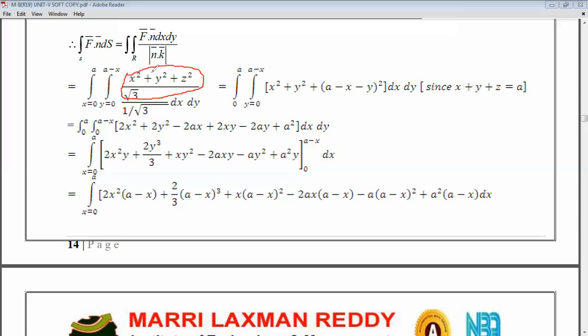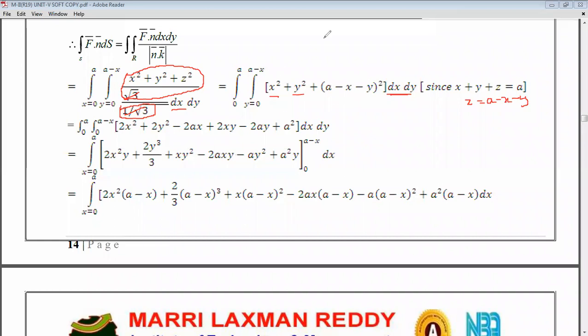And next mod of n bar dot k bar we got as 1 by root 3, and dx dy as this. So here the root 3 cancels out, and what remains is only x square plus y square plus z square. Since we chose the xy plane, we need to convert z in terms of x and y. Since x plus y plus z is equal to a, z is equal to a minus x minus y, whole square.